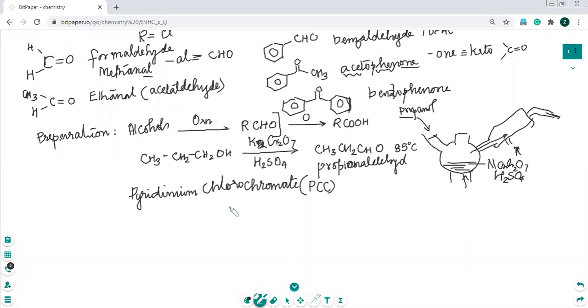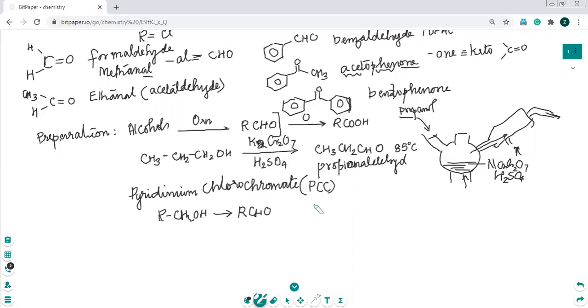PCC is a reagent which is used to convert an alcohol, RCH2OH, specifically to RCHO. And there will be no further oxidation. Remember that, that is the most important. It will not get further oxidized. So that is a common reagent used for this.